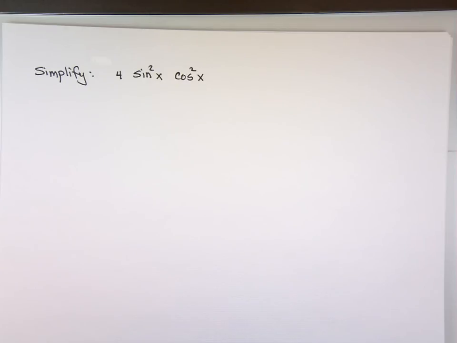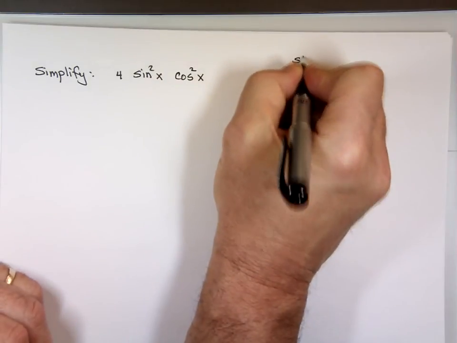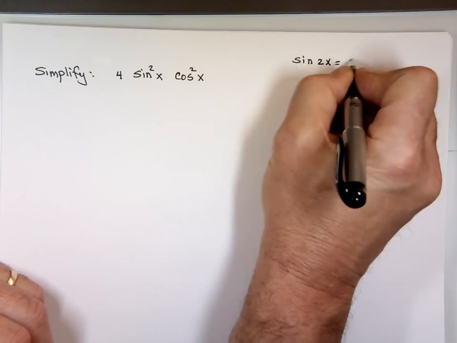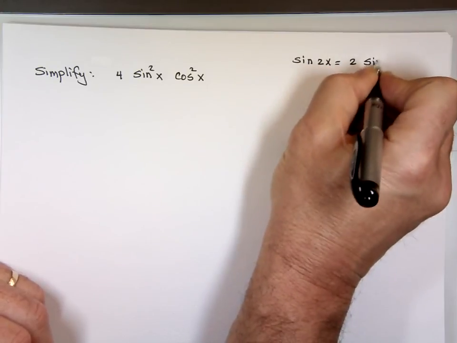Now remember, we have a trig identity that says sine 2x is equal to what? 2 times sine of x cosine of x.